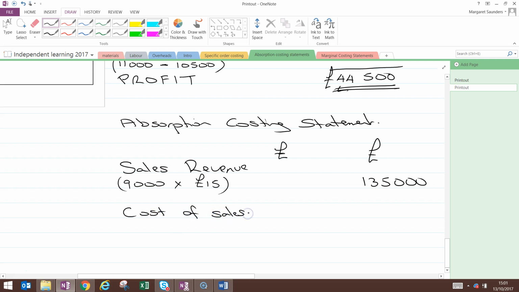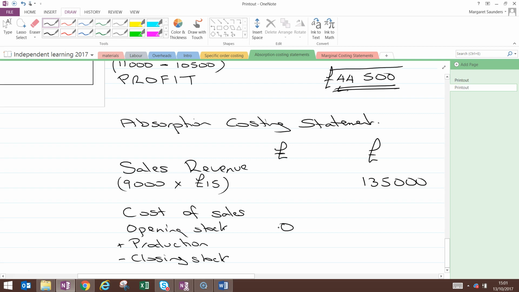The calculation for cost of sales is opening stock plus the production minus closing stock. Well, there is no opening stock.